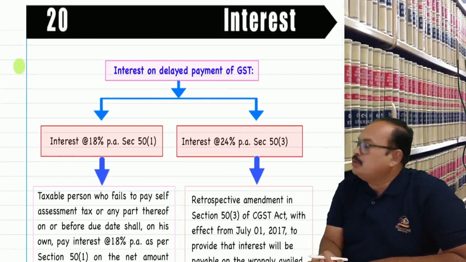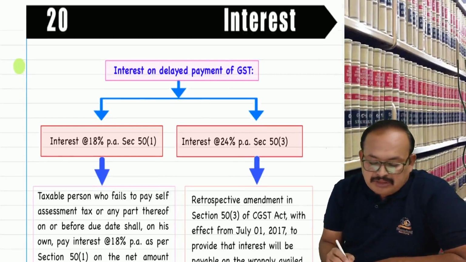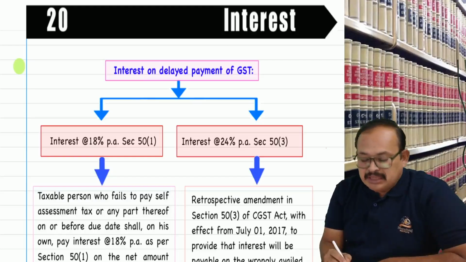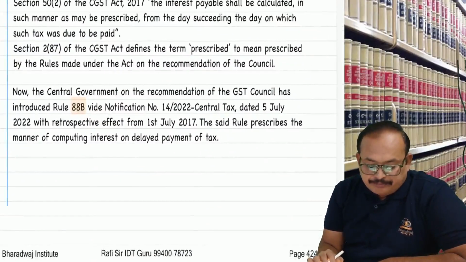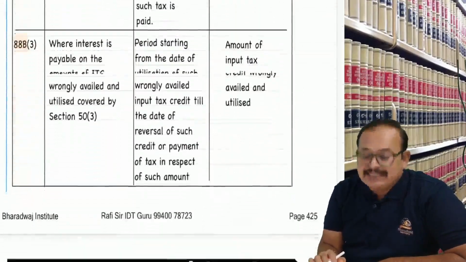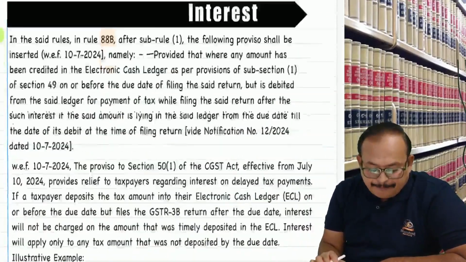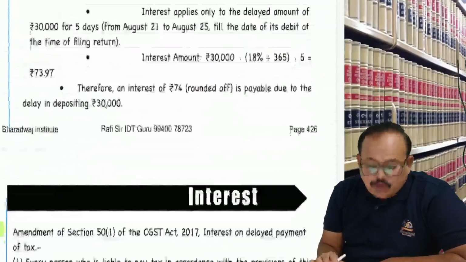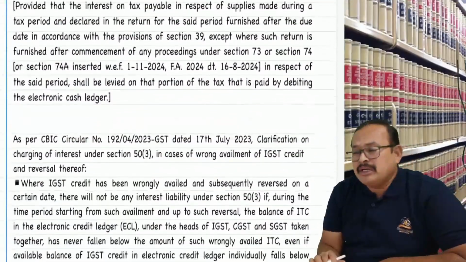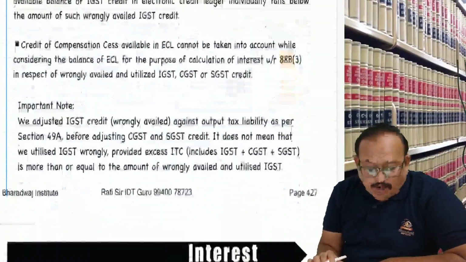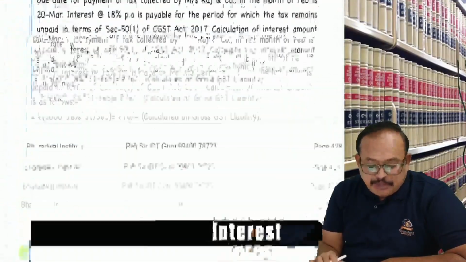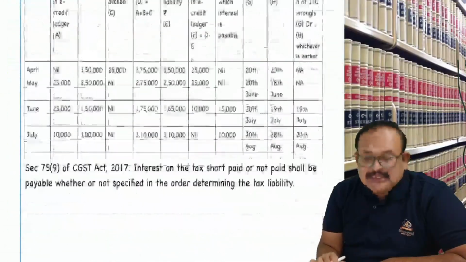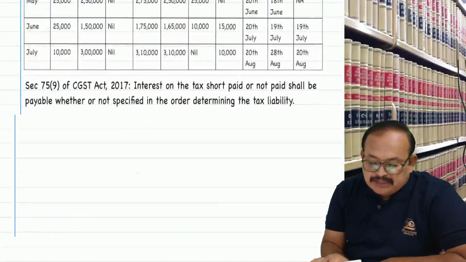Referring here to the concept of interest for delayed payment. Sir, if a delay happens, one is bound to pay the interest even for 1 day of delay, even though there is no assessment order for that. That is a very important key terminology. Section 75, subsection 9.